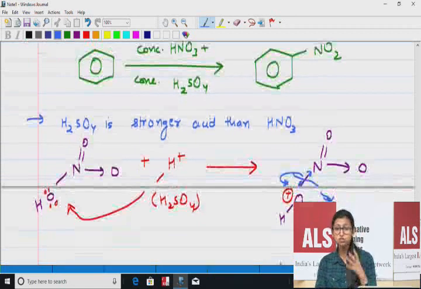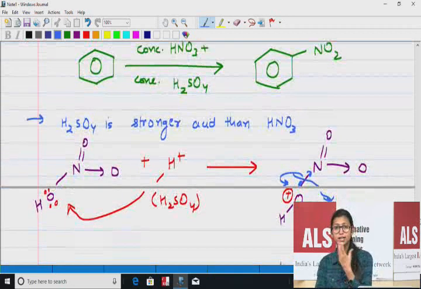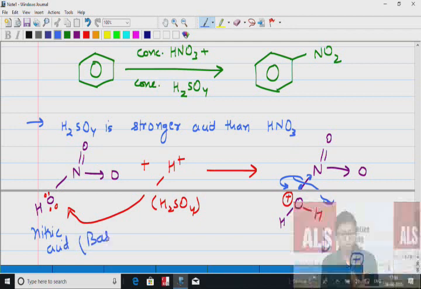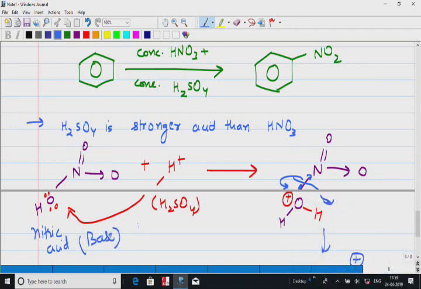In the presence of strong acid, that is the H2SO4, nitric acid is accepting the H plus, so it is behaving as a base here, okay? So H2SO4 is acting as a very good acid, it is giving its H plus ion, and those H plus ions are accepted by the nitric acid, okay? So this is the very good thing.